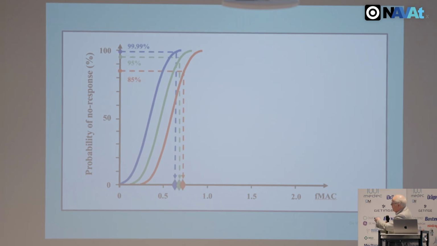When we look at the goals for each of these endpoints, you see that the goals are 99.99% for unconsciousness, 95% for immobility, 85% for BAR. You see that all of these partial pressures as a fraction of MAC are very close to each other.